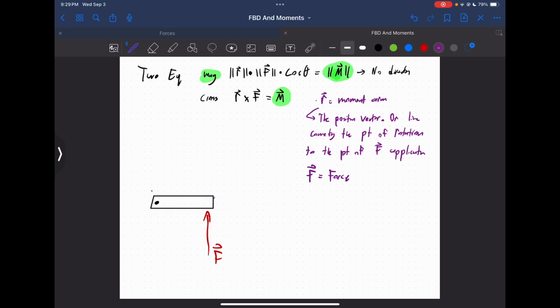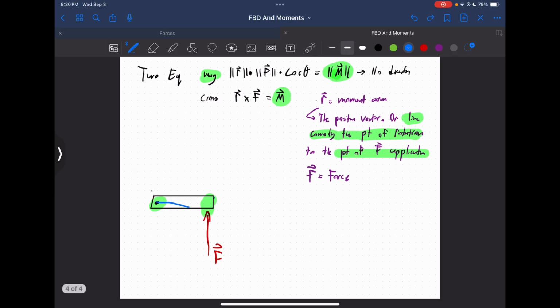So if I hit it with the force this way, the moment arm is the line connecting the point of rotation, which is this guy, to the point of force application. It's applied right here. Therefore, that moment arm is this vector.